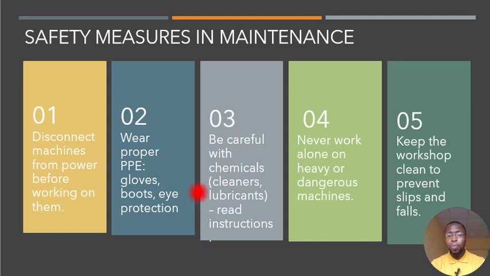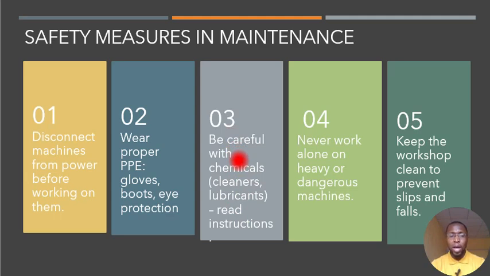All right. Then thirdly, you have to be careful with chemicals too, such as lubricants and cleaners. Do not be careless with them. Read the instruction manual on how to use these chemicals so that you do not injure yourself with them.